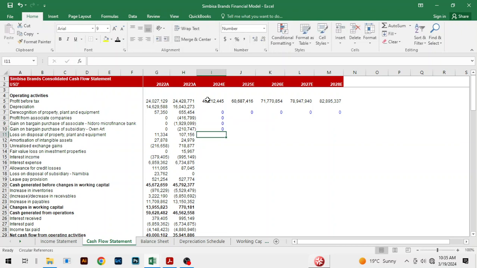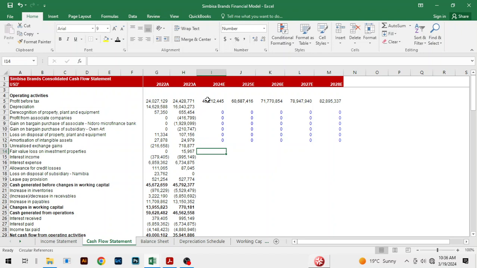And the loss on disposal of property, plant and equipment, we are not quite sure whether the company will sell some assets in 2024, so here we keep it at 0. Here we just copy that to the right. And here we've got amortization of intangible assets. Let's just keep that at 0 for now.